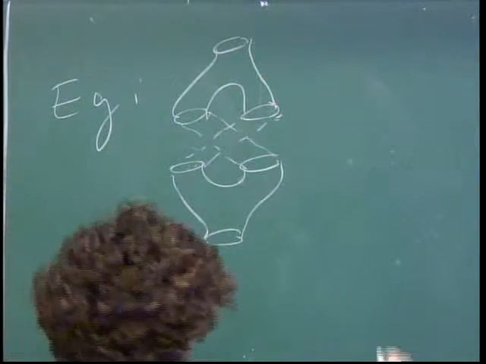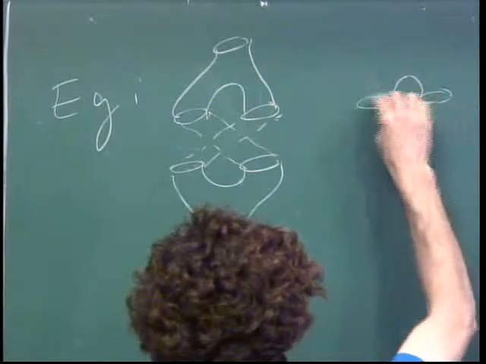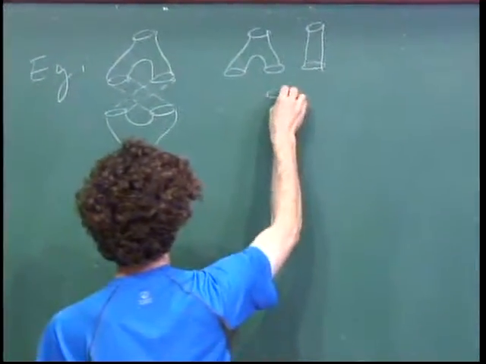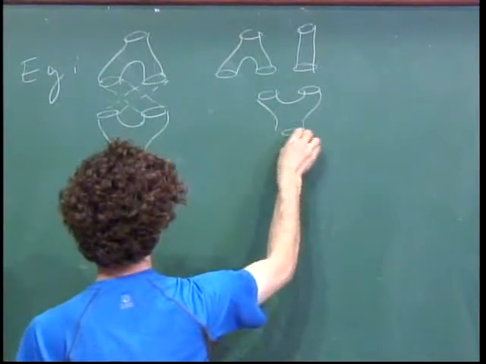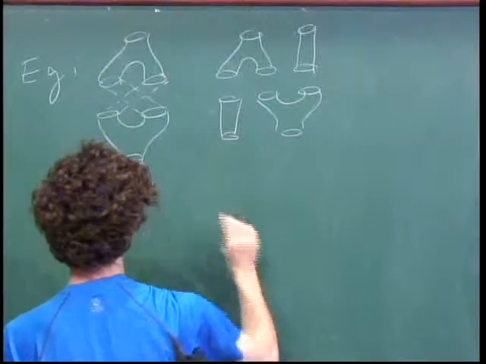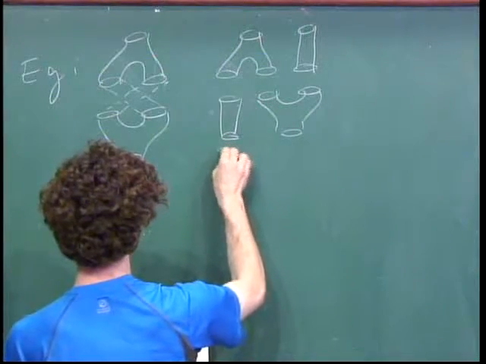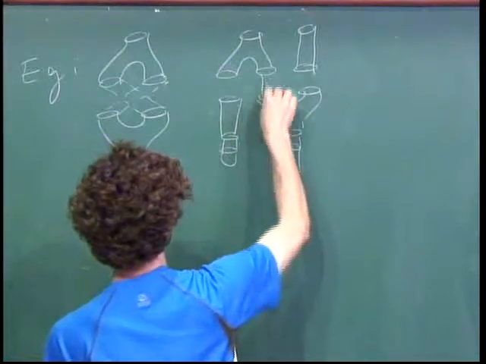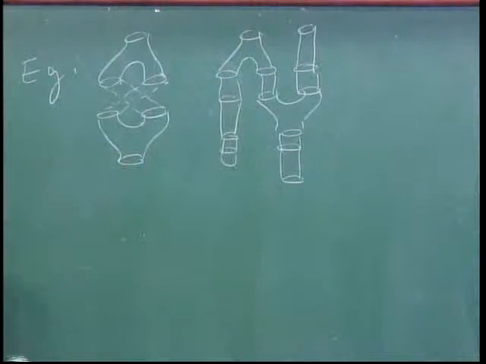Or if I'd done something different, if my first element had been the pants again, but I let myself add a cylinder, and then my second element was the copants and I would add a cylinder here, and then my third element might be the cup, and I'd add a cylinder down here, and then I might take just the trivial permutation to identify them and build a surface like that. So anyway, this might seem a little technical, but it's just a way of getting a very clean, precise handle on two-manifolds and how you decompose them into these elementary bits.